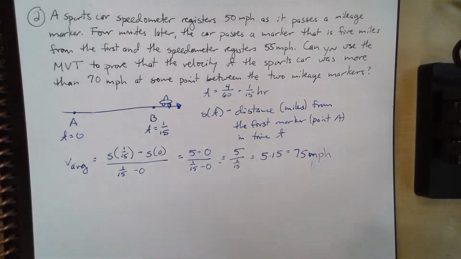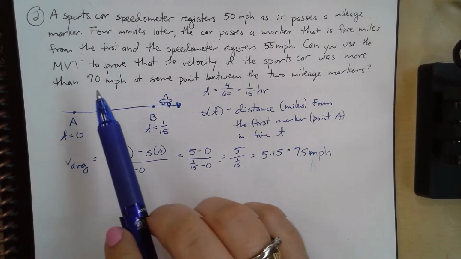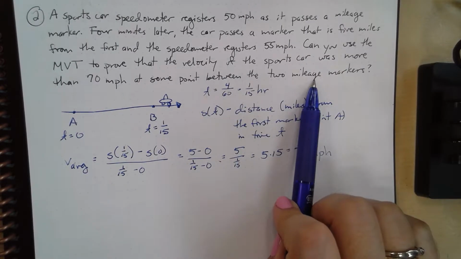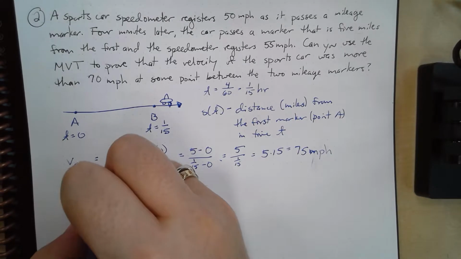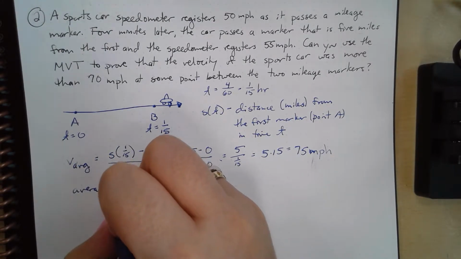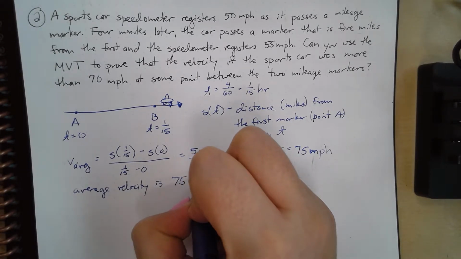Okay, so if this is 75 miles per hour, we have proved that at some point in time, the average velocity is 75 miles per hour.